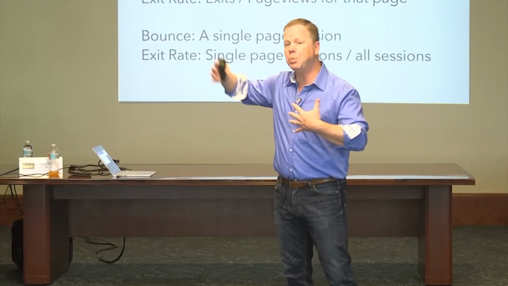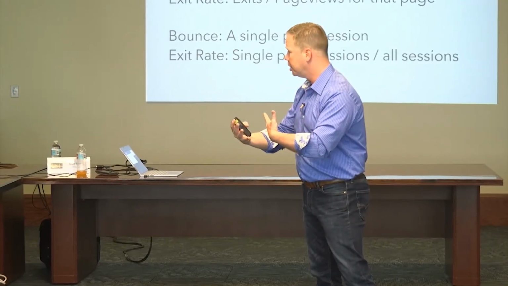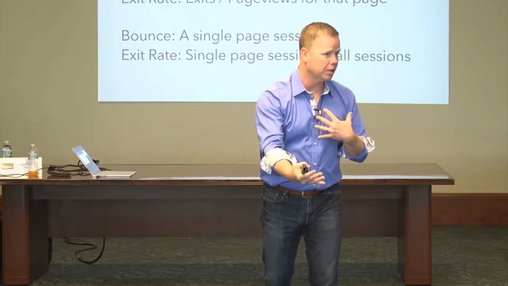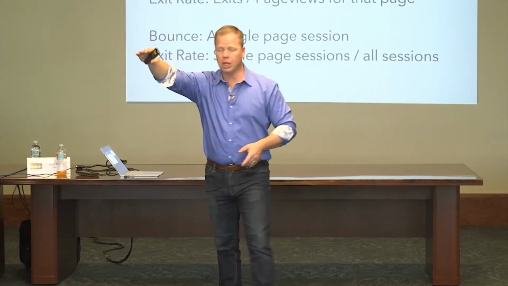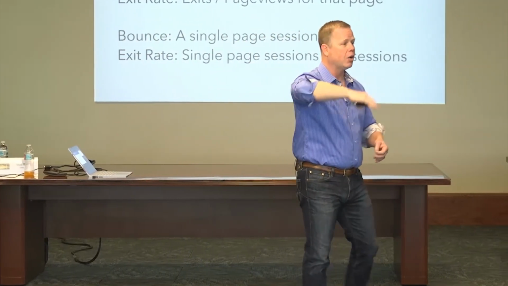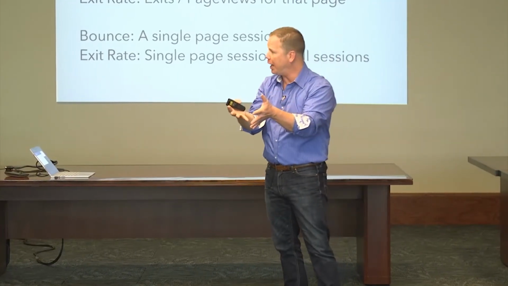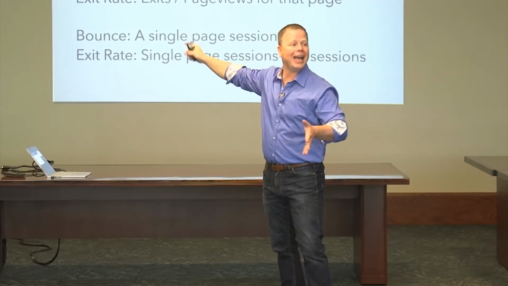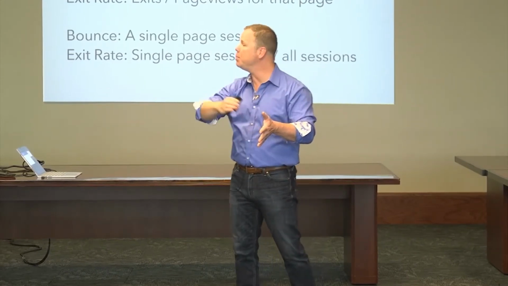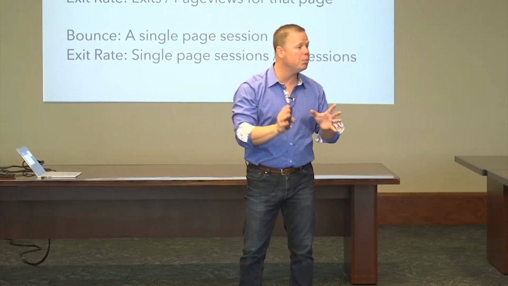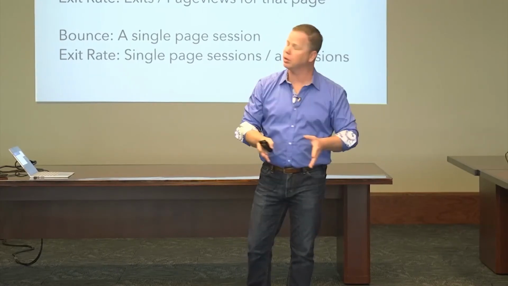So exit rate is best used in context for a specific process. So for example, if I've got a sales funnel where they add something to the cart, they look at the cart, go to checkout, I'll create a sales funnel in my analytics, and I'm looking at my exit rate through that funnel. And that tells me when people leave and where my problem might be if I'm trying to troubleshoot.